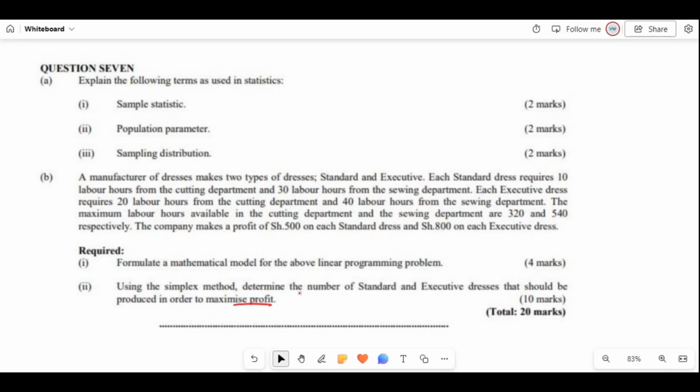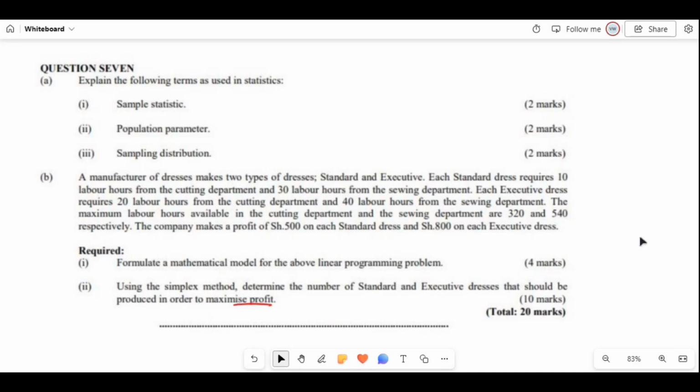So we know the problem of this company. The company wants to know how many units of the standard dress and how many units of the executive dress they need to produce and sell so as to maximize profit.